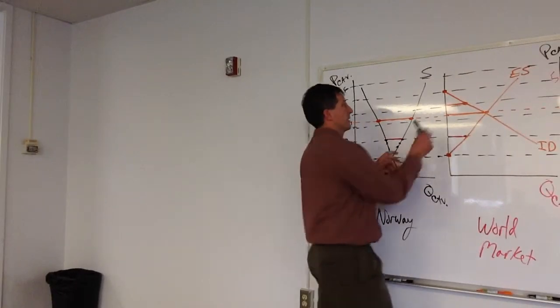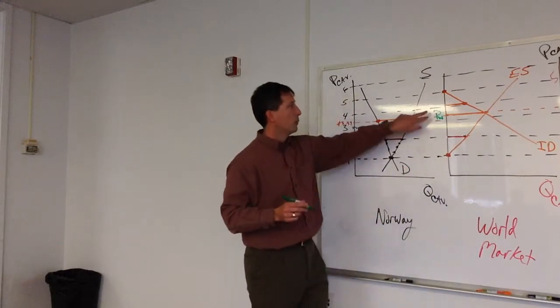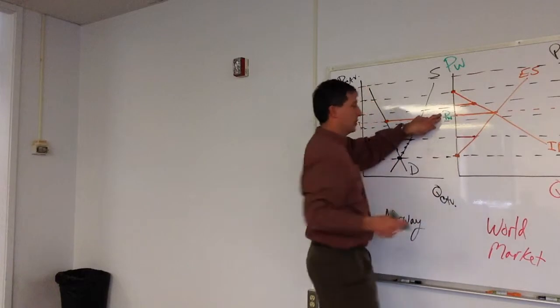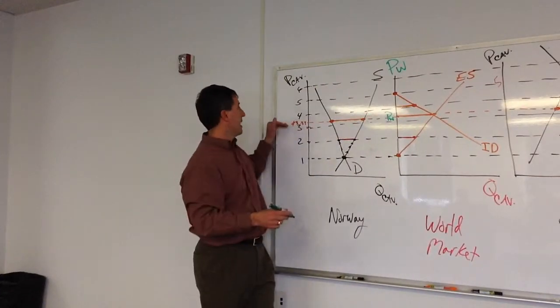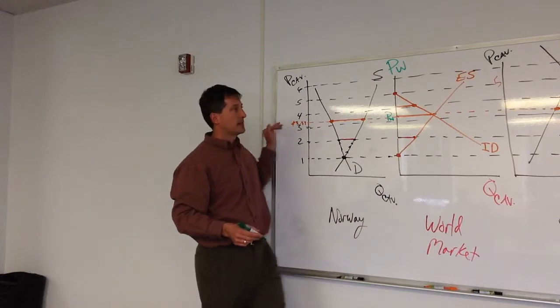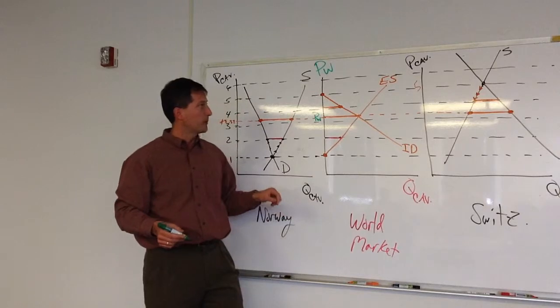And this is what we've been labeling in what we've done so far, the world price, PW. So the price in the world of caviar is, in my picture, $3.37. That's going to be the price that clears the market in the world economy.